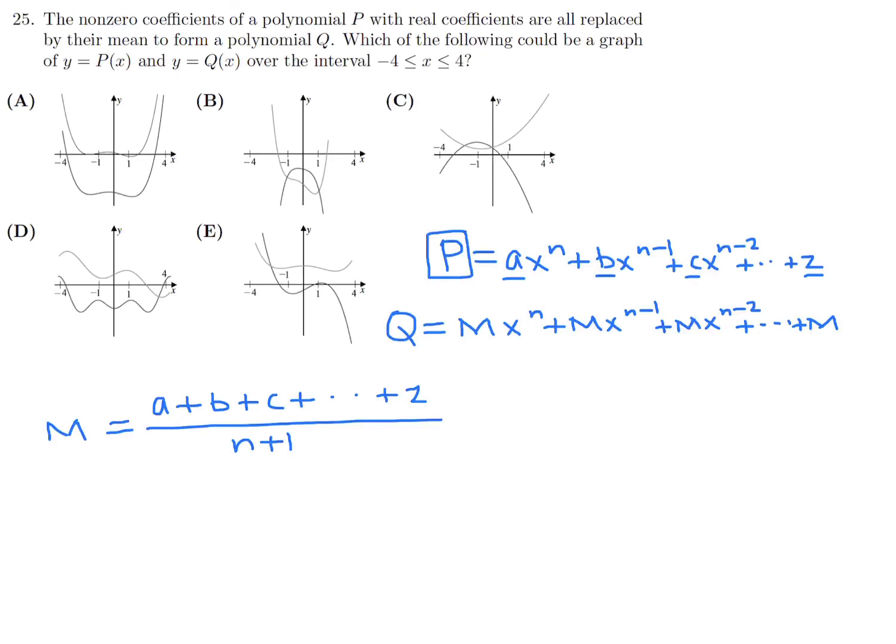All right? So now we have to somehow figure out the graphs of p and q. How do we do that? Well, there are several ways of going about this question, but I want you to concentrate on something pretty cool, I think: what are each of these going to look like when x is equal to 1? So find p at 1 and compare it to q at 1.